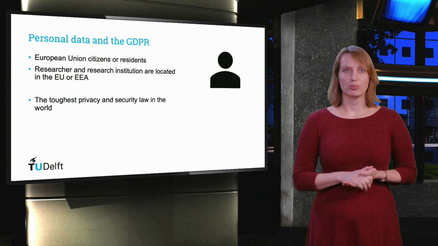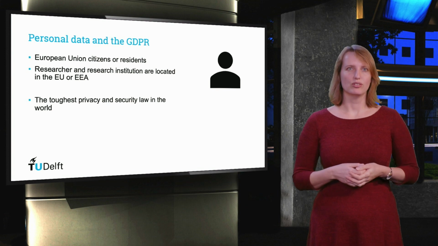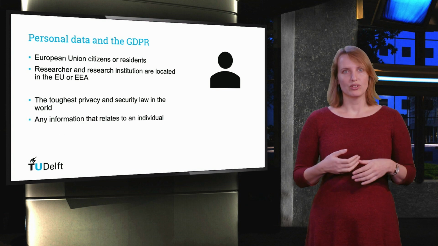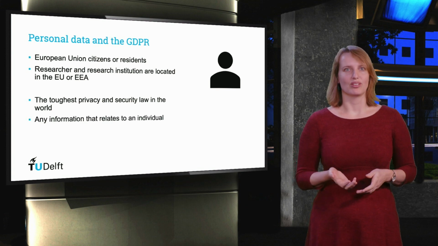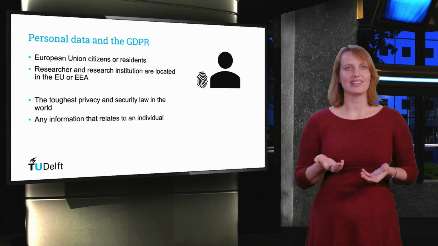The General Data Protection Regulation, GDPR, is the toughest privacy and security law in the world. Personal data is any information that relates to an individual who can be directly or indirectly identified.